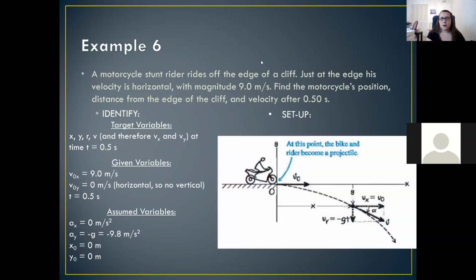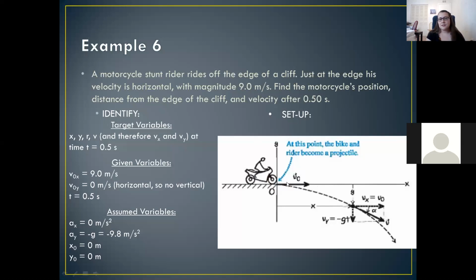So this is what is happening in our scenario, right? We have our motorcycle stunt rider. Let's call him Rod. He is driving off this cliff with an initial horizontal velocity.